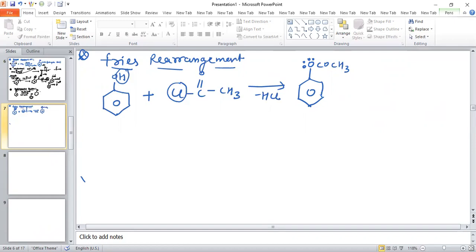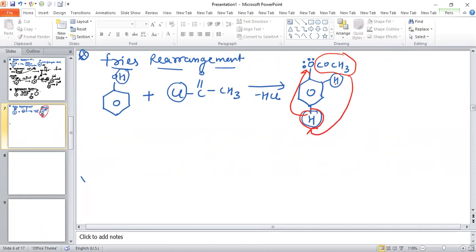Now the Fries rearrangement will occur, because the hydrogen at the para position to this functional group, and also the hydrogen at the ortho position to this functional group, will shift. If this hydrogen shifts onto this oxygen, the remaining group COCH3 will move into the place of hydrogen.